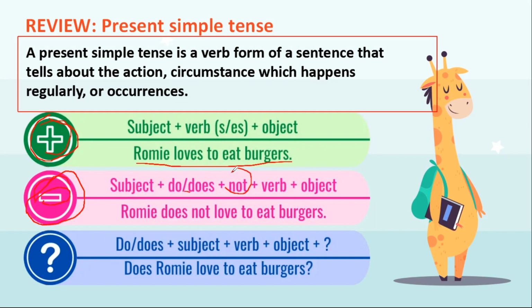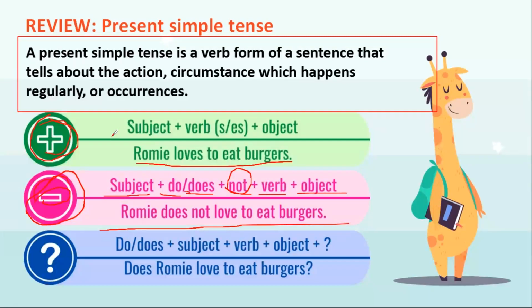This makes the sentence negative. So we have subject, do or does, not, plus verb and object. Can you please read the example? Subject, do/does not, verb, object. Romy does not love to eat burgers.